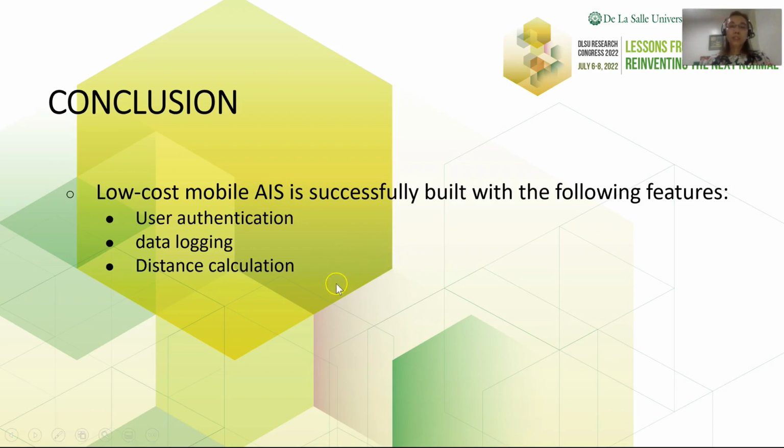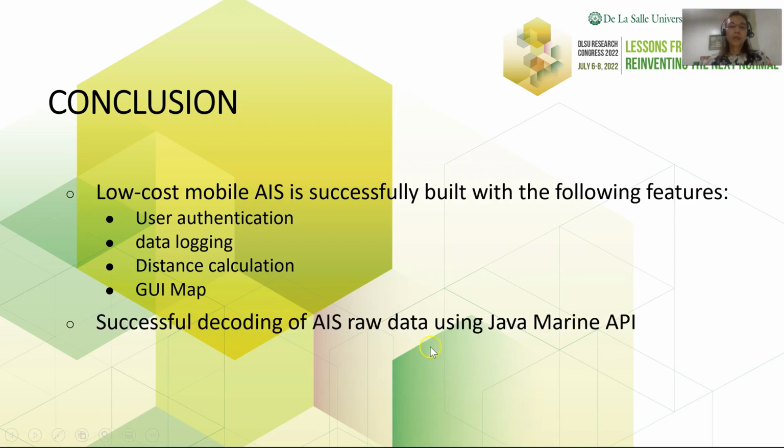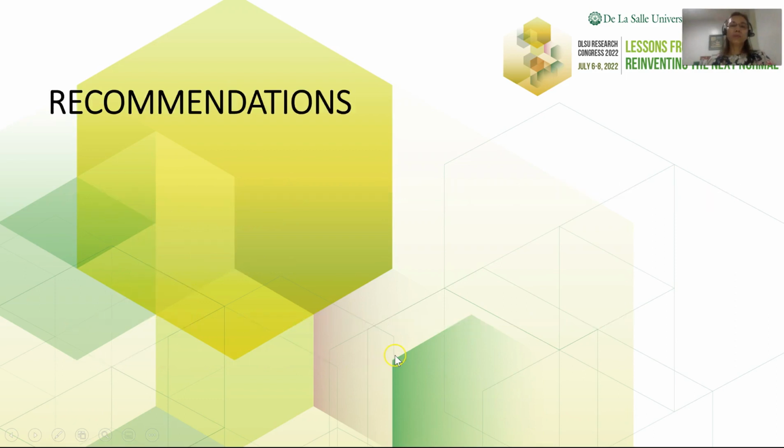There's also a distance calculation, plus the GUI map, so that we can easily visualize the position as well as the relative distance of the different ships. The decoding was also successfully done using the Java Marine API, and as shown earlier, the code was able to fit the Android Go platform.